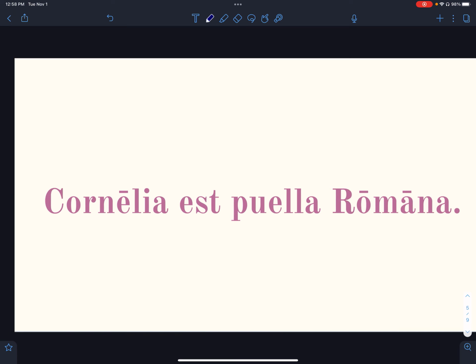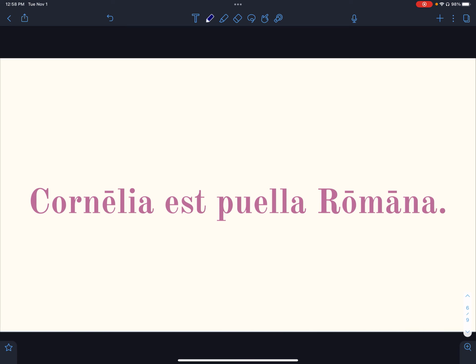Final one. All right. Cornelia est puella Romana. Please write that down in your notes. Okay. Now, in terms of parts of speech here, Cornelia is still a noun. Nothing's changed there. Est is still a linking verb. Puella is still a noun. All right, but somebody tell me about Romana.